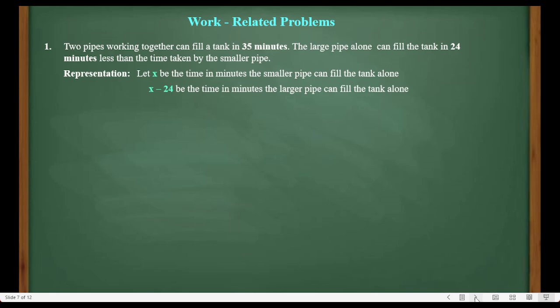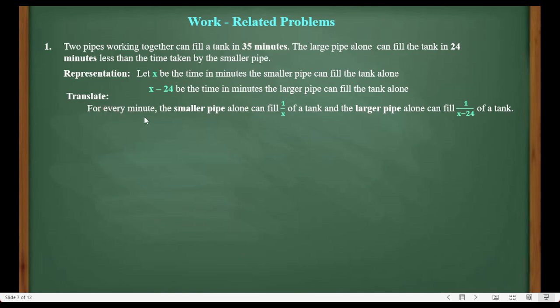Next, we translate. Now, for every minute, the smaller pipe alone can fill 1 over x of the tank, and the larger pipe alone can fill 1 over the quantity x minus 24 of the tank.